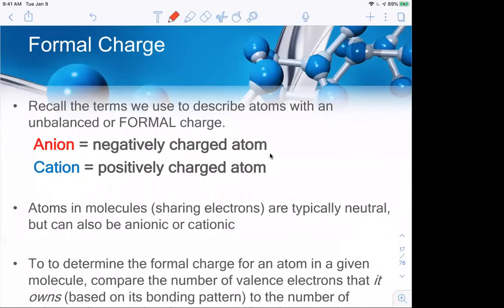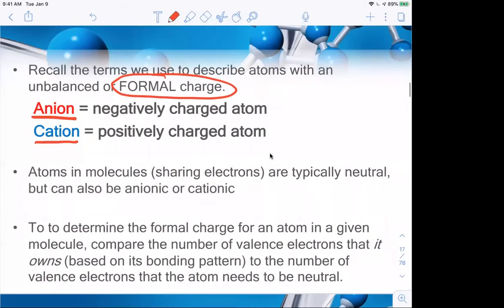Now, we also want to look at formal charges in Lewis dot structures. Remember, an anion is a negatively charged atom. A cation is a positively charged atom. In Lewis structures, in organic chemistry, many of the times we're going to have something called a formal charge within a Lewis dot structure.